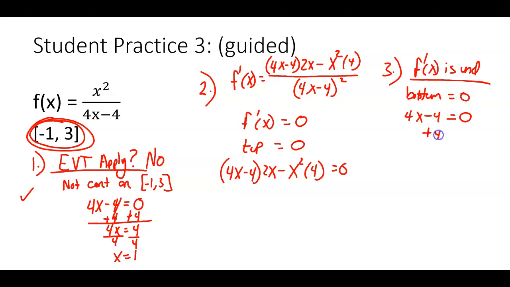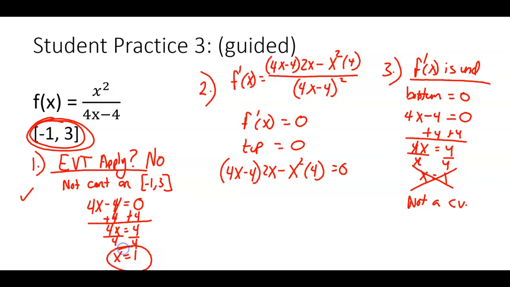That's easier. Now, I end up with x equals 1. Now, that's not actually a critical value. I'm going to cross that off. Here's why it's not a CV.